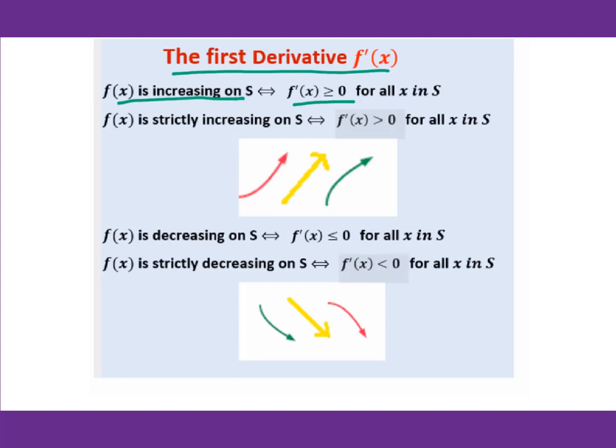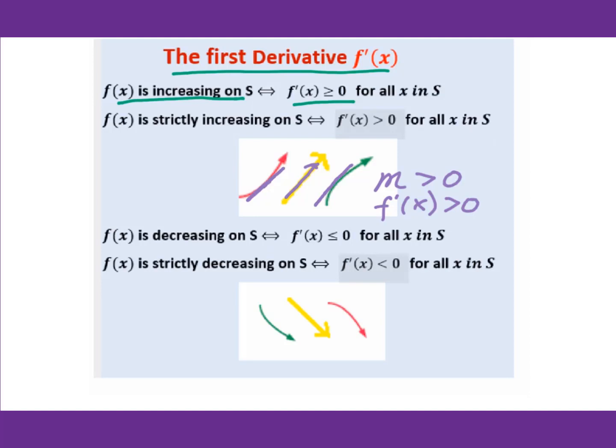Because when you draw the tangent line for this graph, you could say the slope for all these tangent lines is positive. In other words, the first derivative, which means the slope of the tangent line, will be positive.